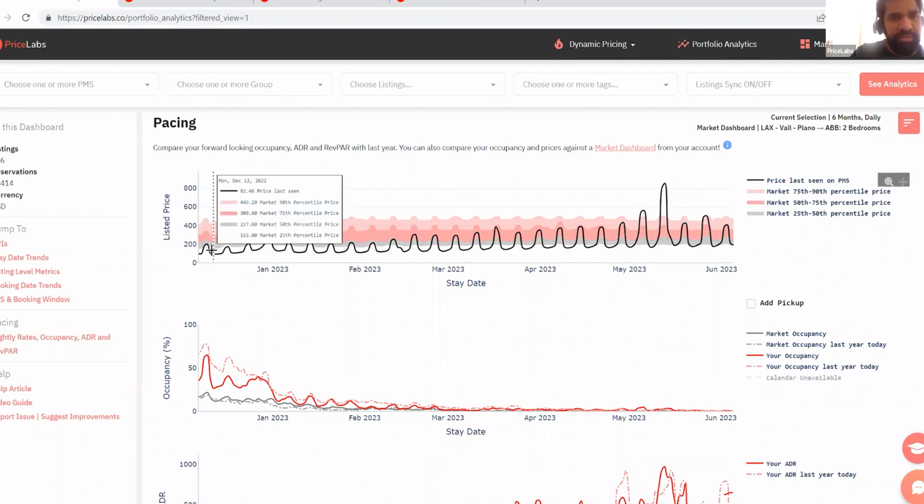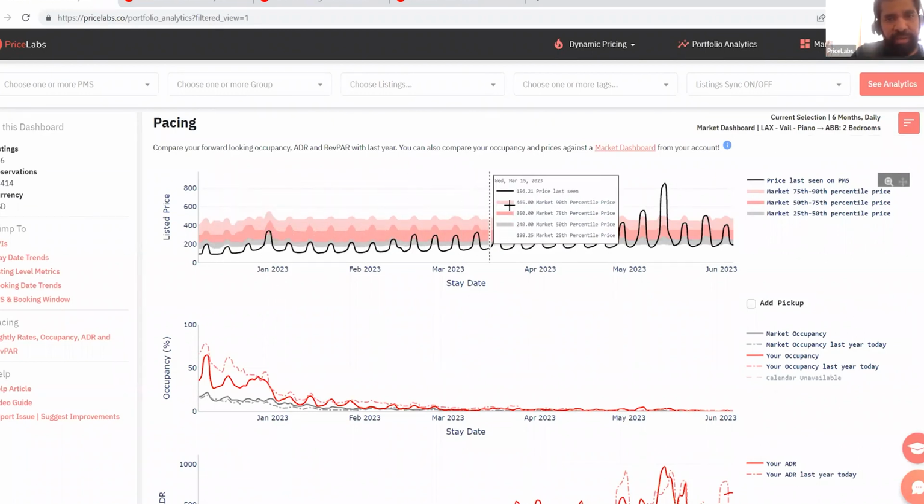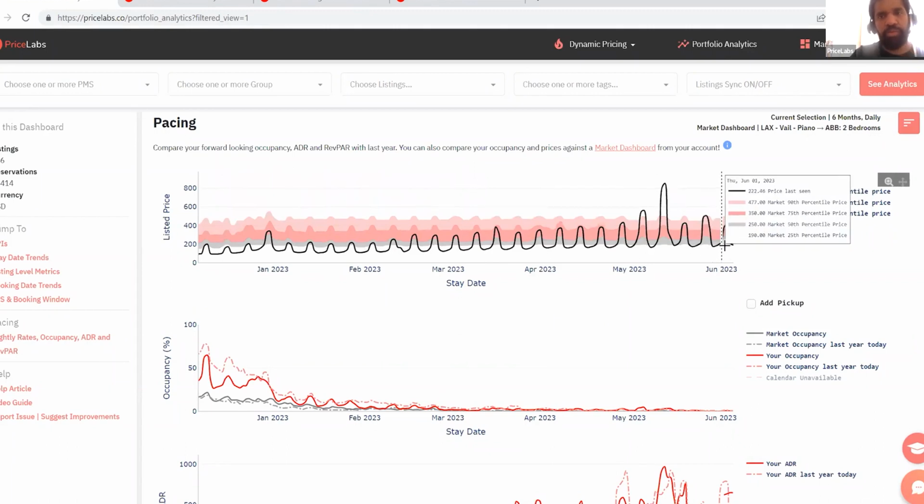But what you can quickly see is how my prices compare to the properties in that market. You see a very similar graph in neighborhood data. The value of seeing it here is when you want to look at a portfolio. Say maybe you want to look at a group of all 2 bedrooms in lower Manhattan, right?